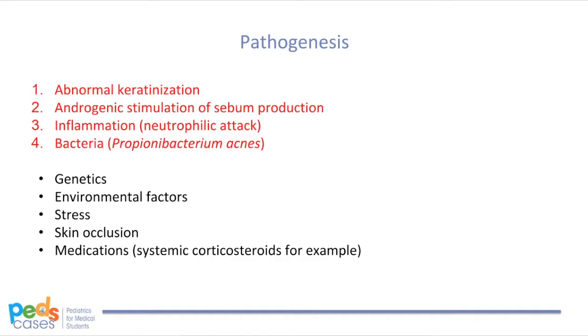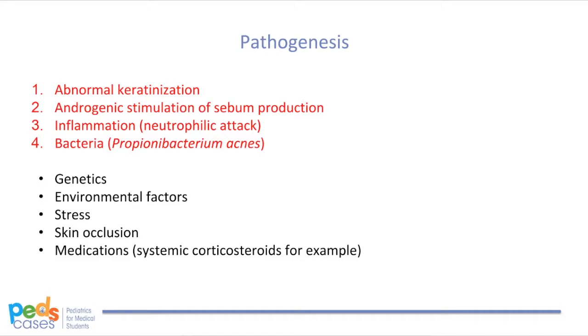When these cells build up and stick to one another and to the epithelial lining, a process known as retention keratosis occurs. This results in the formation of a microcomedone, which plugs the pore. These plugs prevent sebum from draining out of the follicle through the ostium. When sebum accumulates below the plug of skin cells, clinically we see what is known as a comedone.